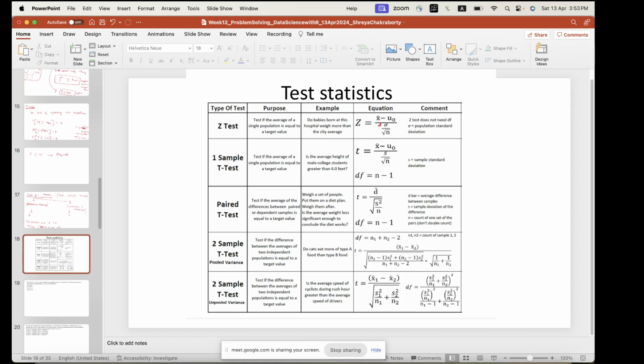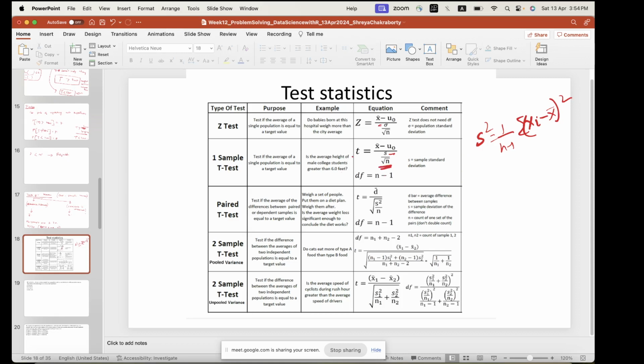When sigma is not known, sigma is estimated by the sample variance. How do I get it? s square is 1 by n minus 1 times the summation of xi minus x bar square. Then we take s, and it is important to remember that we divide by root over n, not n minus 1.